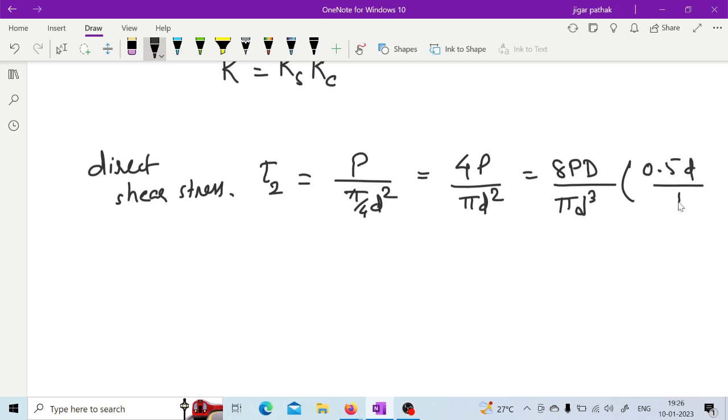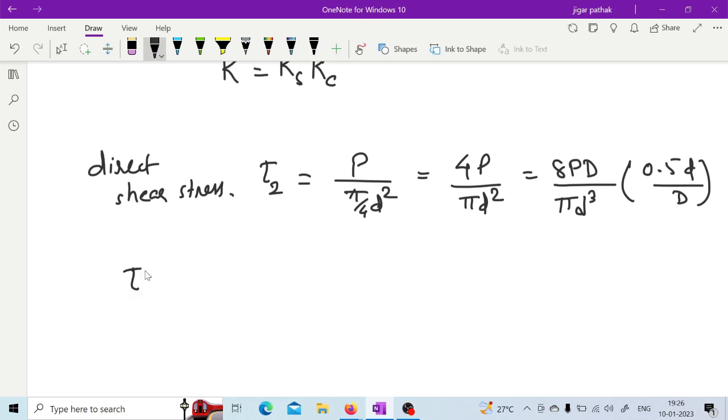into 0.5 d by D. So basically here we have multiplied and divided by this capital D and small d, and similarly 2, right? So by multiplying and dividing it by that 2 capital D and small d, you will get it in this form. Why we have done this?